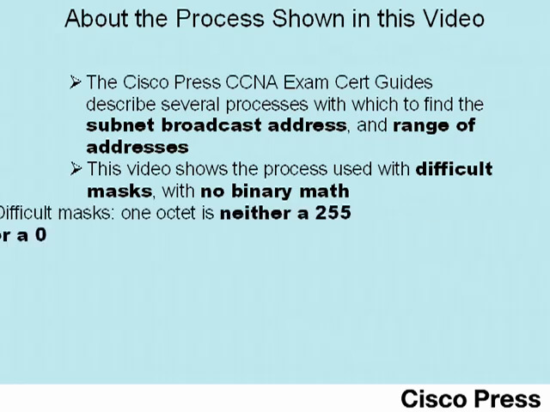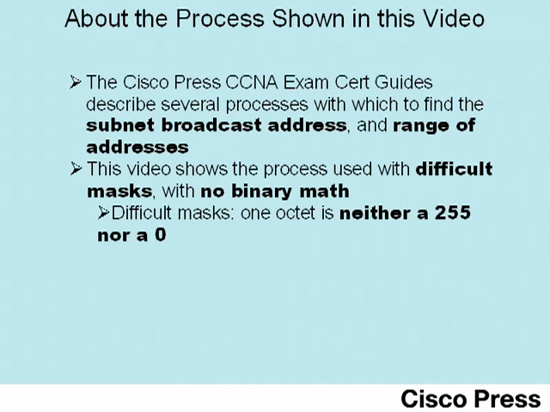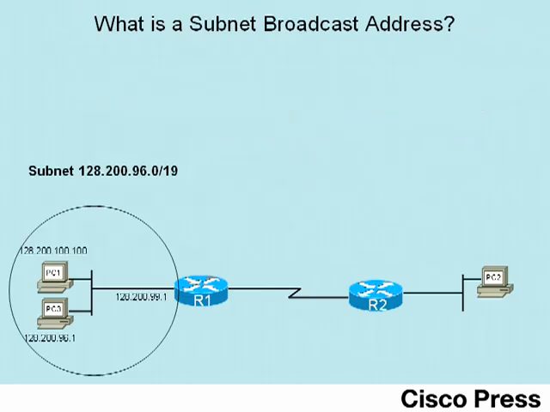A difficult mask simply means that the mask has one octet that's neither a 255 nor a 0, which makes the answers a little bit less intuitive. For those of you using the Cisco Press exam certification guides, note that the books oftentimes refer to this particular process as process RP-6C.